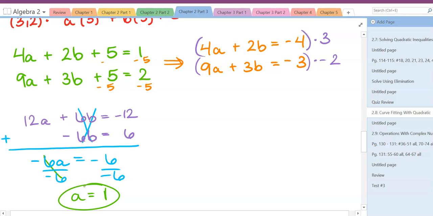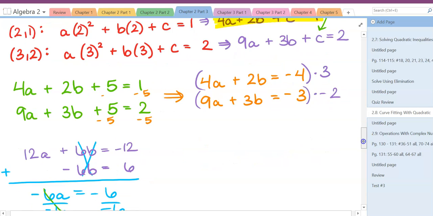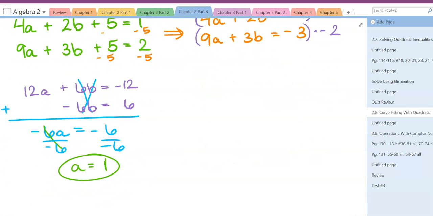We had c up above to be 5. So now what I'm going to do is go back to one of my equations, maybe use this middle one, and plug in 5 for c and my 1 for a so that I can solve for my b now. So that equation said 4a plus 2b plus c.